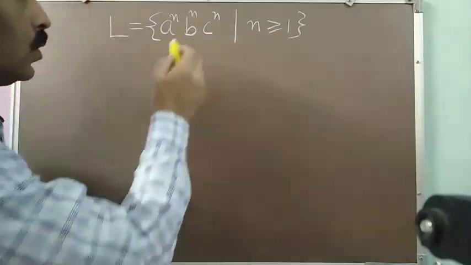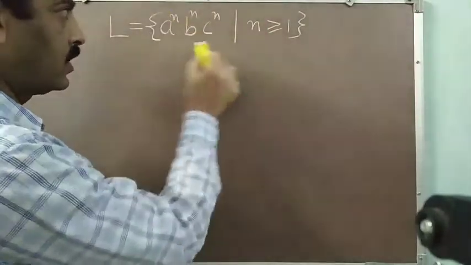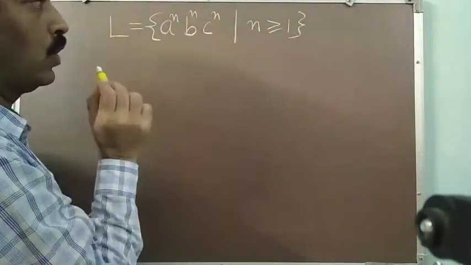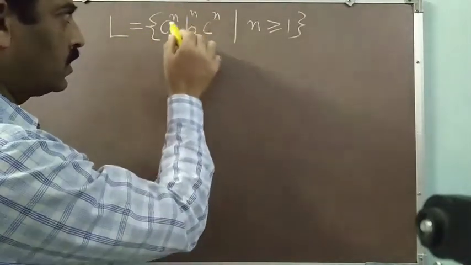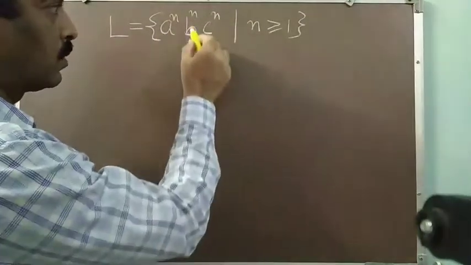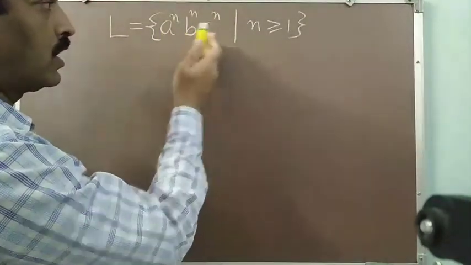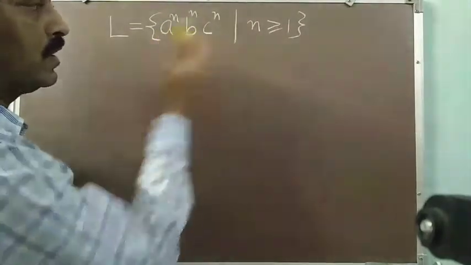First of all, we will look at what the words in our given language are. The words will have an equal number of A's, B's and C's, and all B's will come after all the A's and before all the C's, and all C's will come after all the A's and B's, and all the A's will come before all the B's and all the C's.